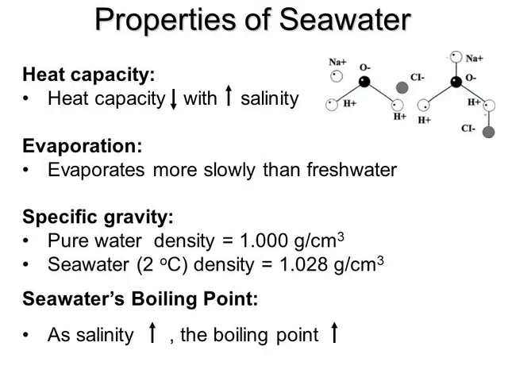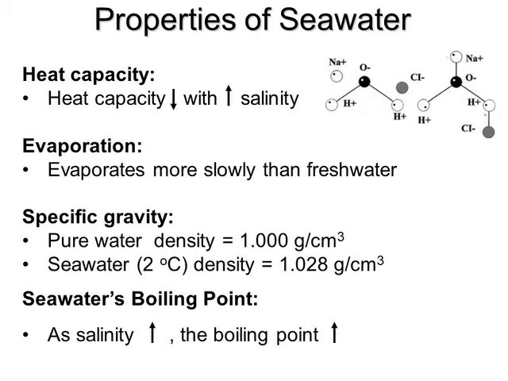So here is a summary of some different properties of seawater. The heat capacity of seawater decreases with increasing salinity. So the higher the salt concentration of the water, the less heat that water can hold, because the water has more salt molecules and less space for heat to be stored.